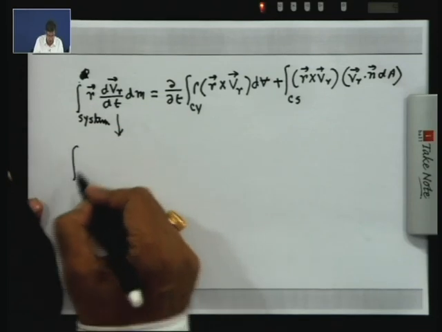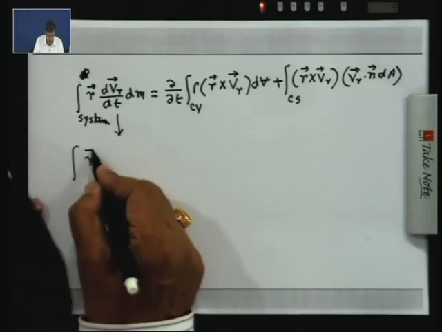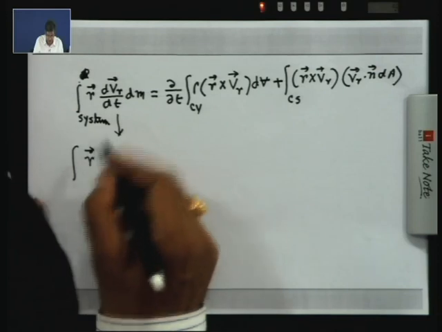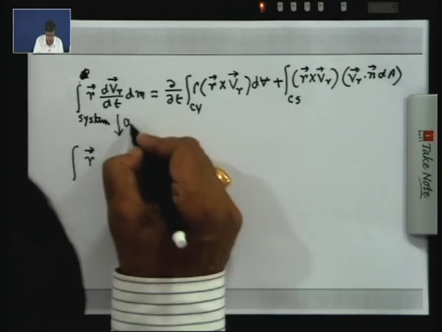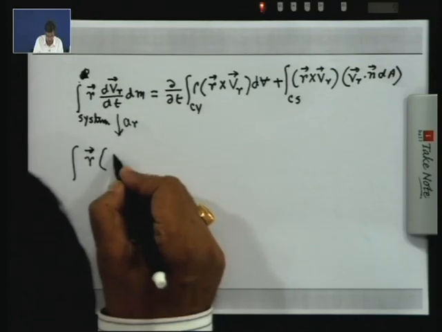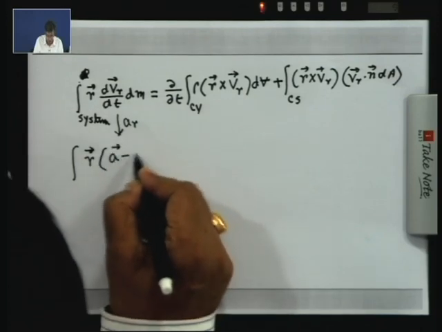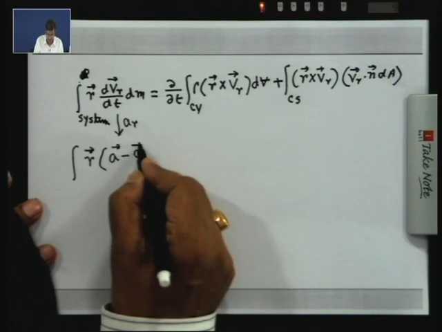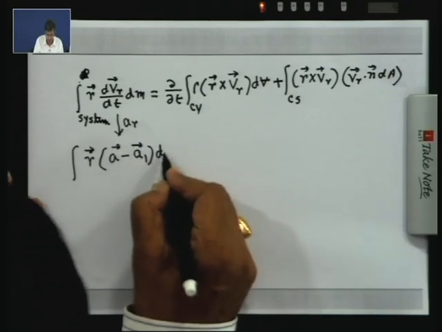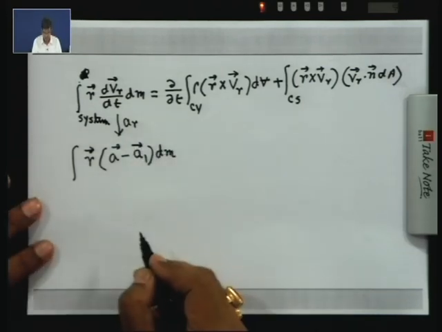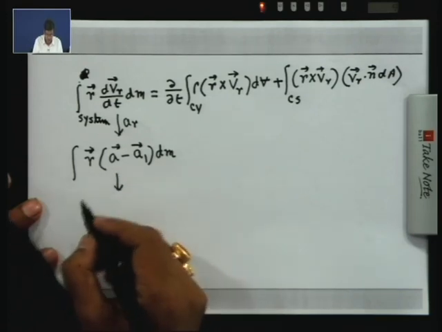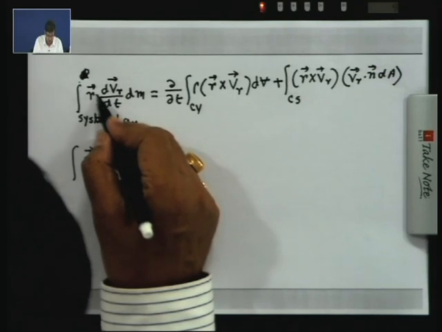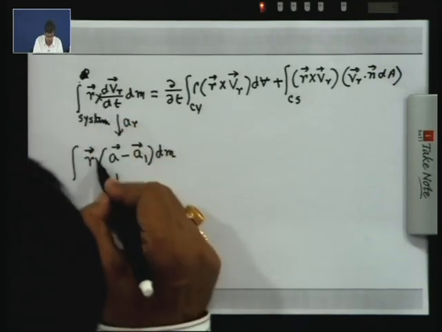Because if we write in terms of the acceleration, this is the relative acceleration relative to the control volume, this is A_R. What was this? A minus A1. As I described A1 earlier, this is this. Clear?